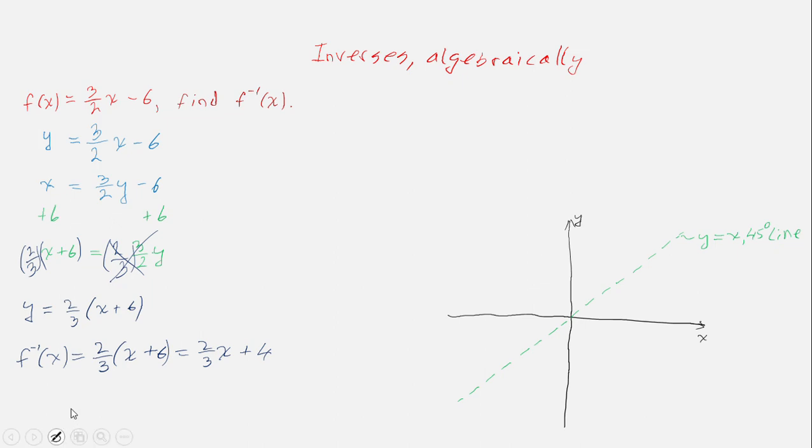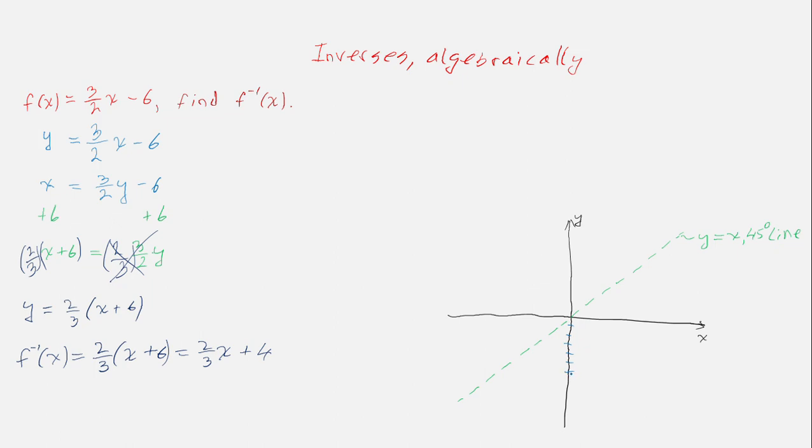I guess I didn't pick the best colors for this because they're real similar. But I hope you can see it. So the original has the y-intercept at negative 6, and a slope of 3 over 2. So let's find the negative 6. 1, 2, 3, 4, 5, 6, negative 6, right?